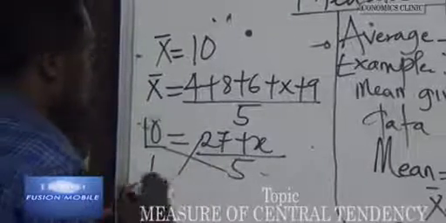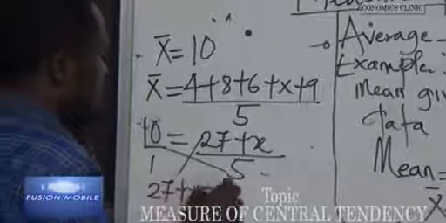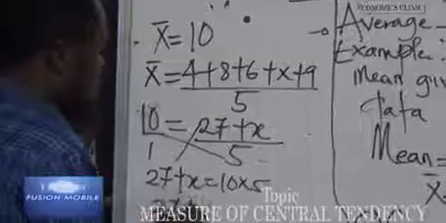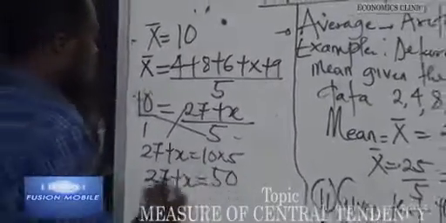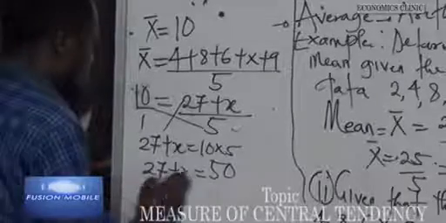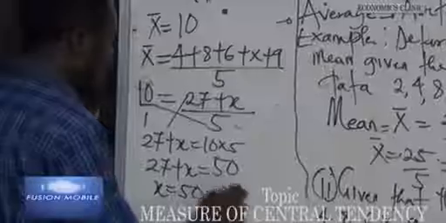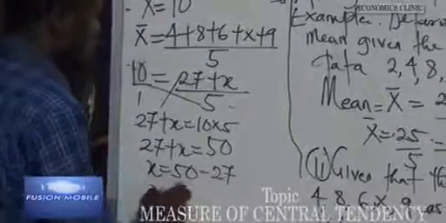So we have 27 plus x equals 10 times 5. 27 plus x equals 50. So we collect like terms. So we have x equals 50 minus 27.